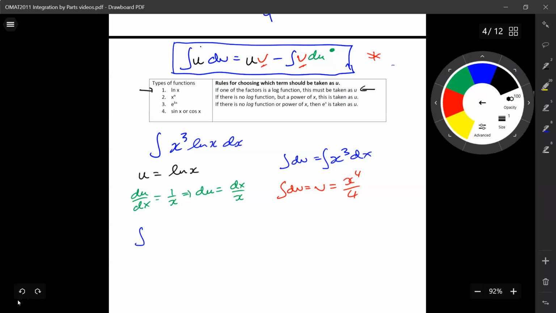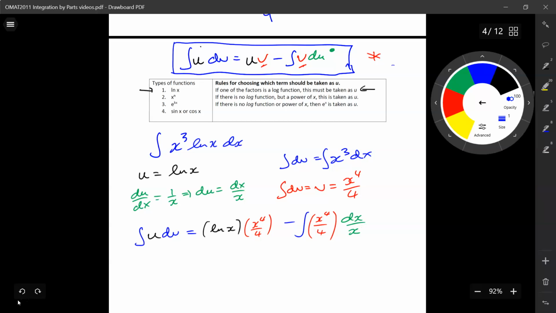So we have u dv is equal to u, once again, the log of x, times v, which is now x to the 4 over 4, minus the integral of x to the 4 over 4, which is v again, times du. Du is dx over x.